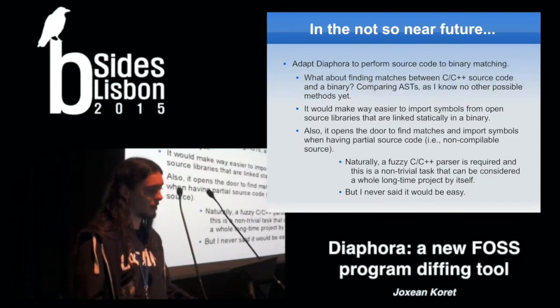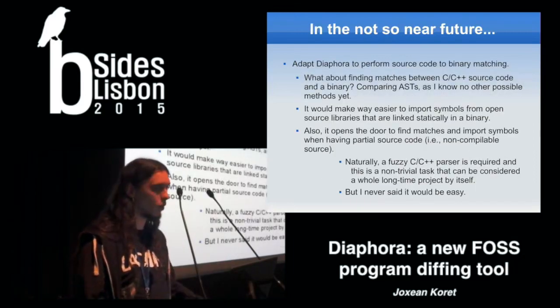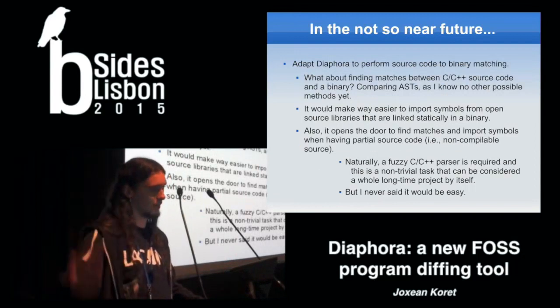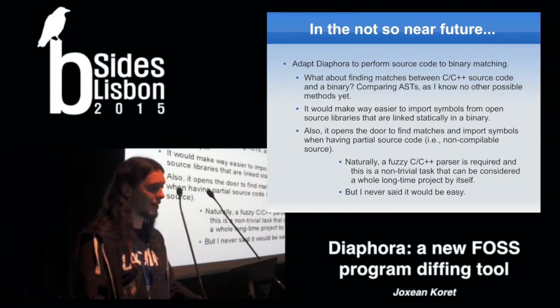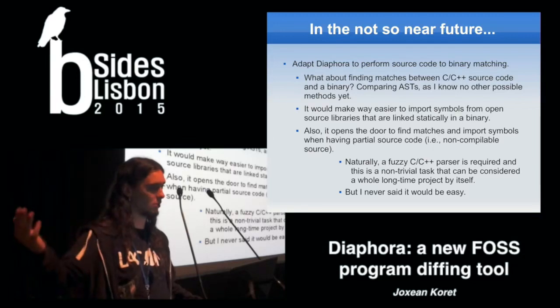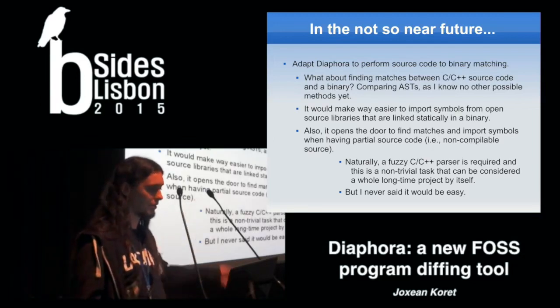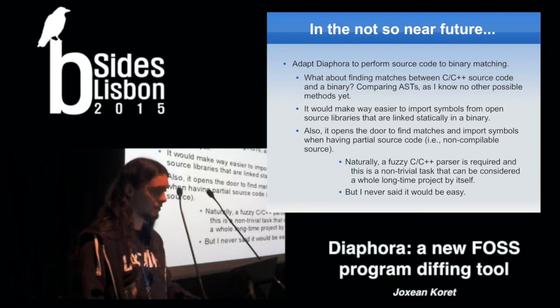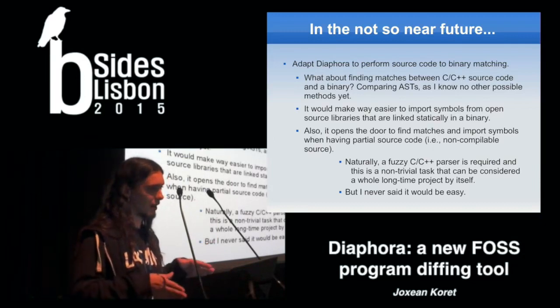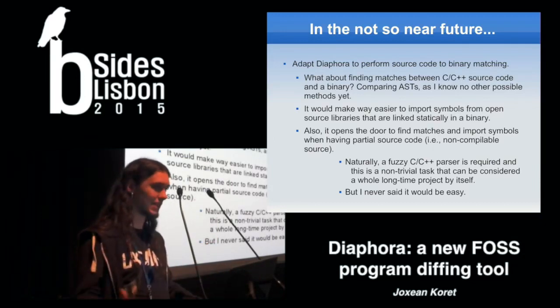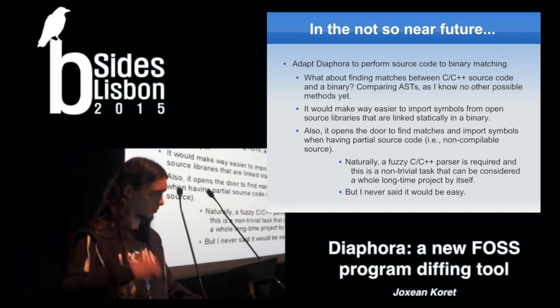And in the not so near future, I want to improve it by adding a way to match a binary directly from source code. What about finding matches between the C++ source code that you have from some application, let's say OpenSSL, and the binary that you're analyzing, which you know statically linked the OpenSSL code?